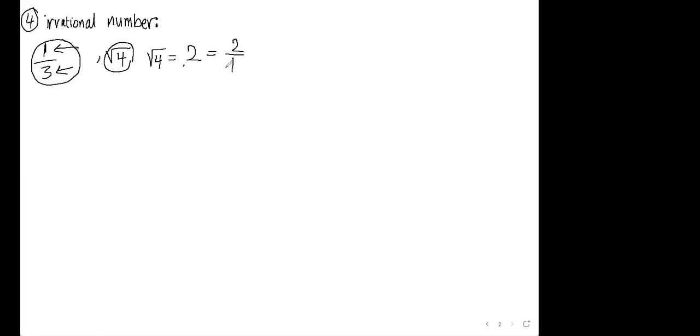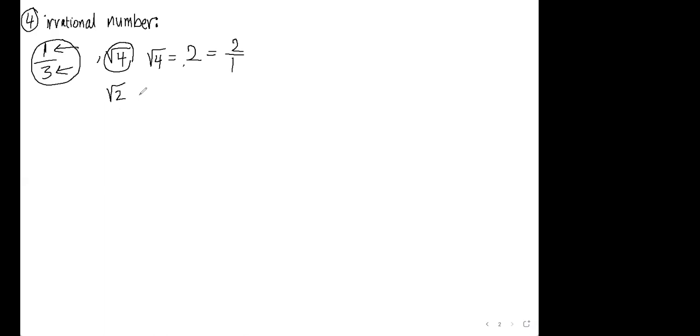Excuse me. Yes. So radical 4 is equal to 2, and 2 is a rational number. Why? Because 2 is equal to 2 over 1, and this is a rational number. But what about radical 2? Is it irrational, do you think?